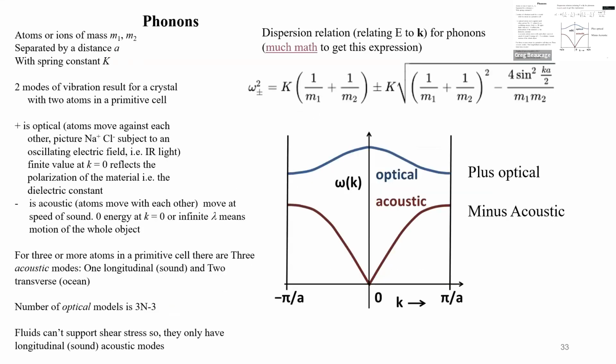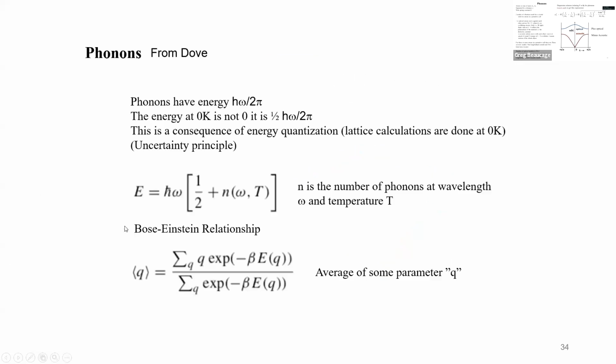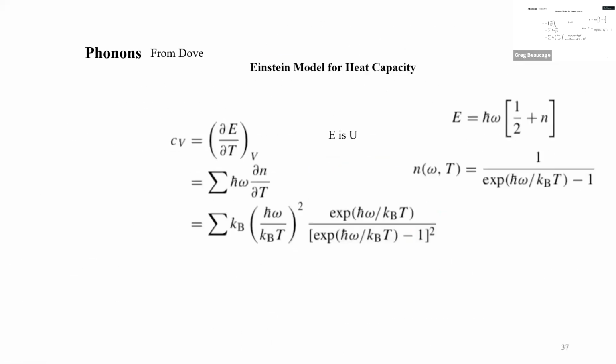Oh, and then these modes are going to be optical modes, n being the number of atoms, so 3n minus 3, and then acoustic modes, 1 longitudinal, 2 transverse. So there's a fixed number of these modes. So you can count up how many modes you're going to have, and then you're going to end up with a spectrum like somewhere here.